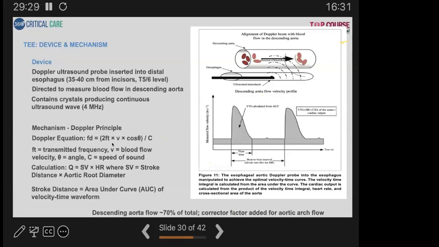And using the Doppler principle and the Doppler equation, it calculates the cardiac output, which is equal to stroke volume times heart rate, where stroke volume is nothing but stroke distance times aortic root diameter. Okay, so heart rate times cross section of the aorta with velocity time integral. That is how it calculates the cardiac output.